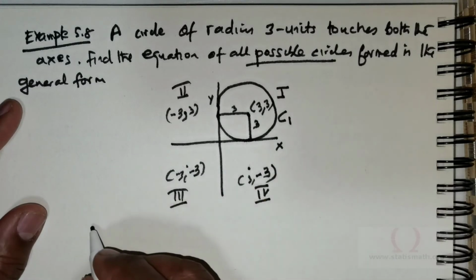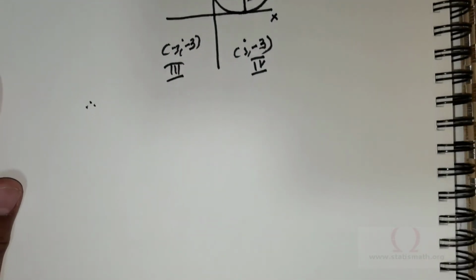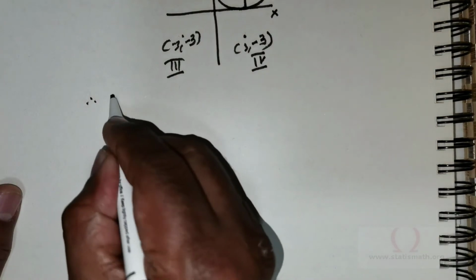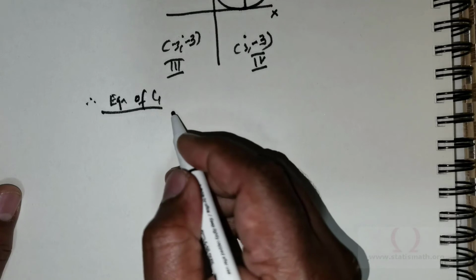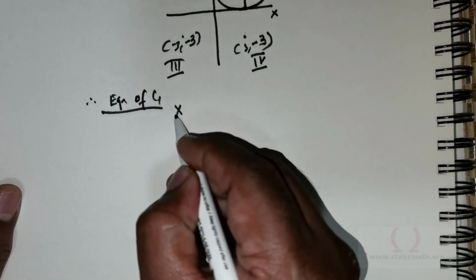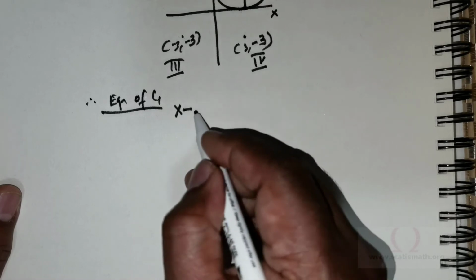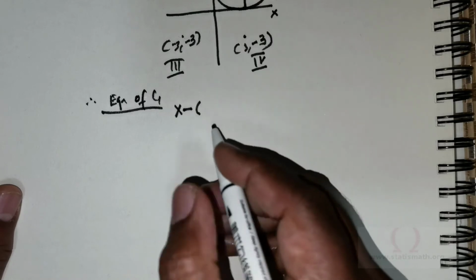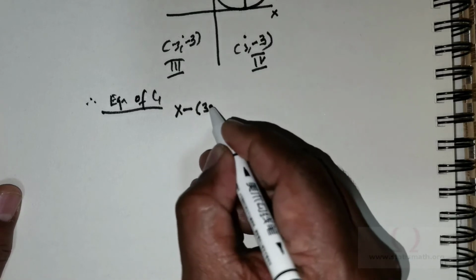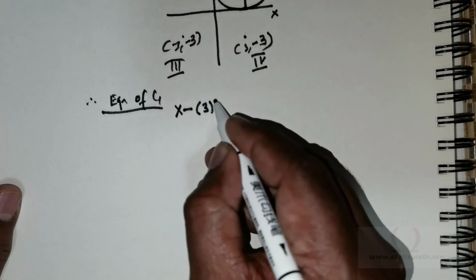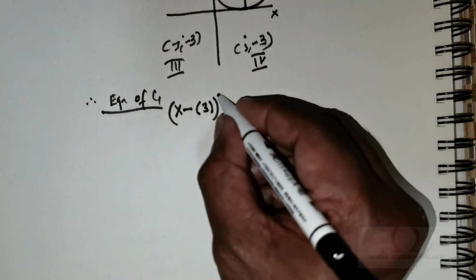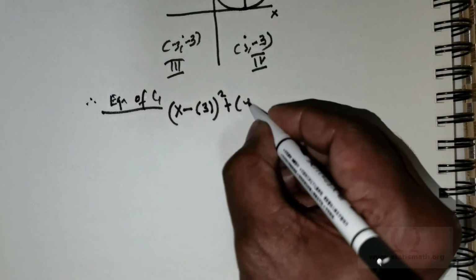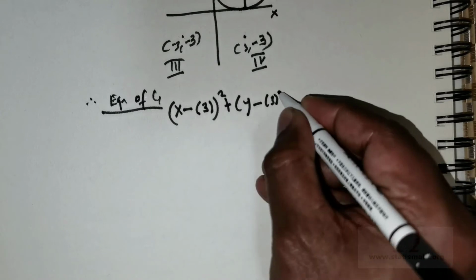Therefore, the equation of C1, I'm using the equation of a circle in standard form. That's going to be (x - h)² + (y - k)² = r². The center is given to be (3, 3), so I'm substituting the value of h as 3, (x - 3)², plus (y - 3)².